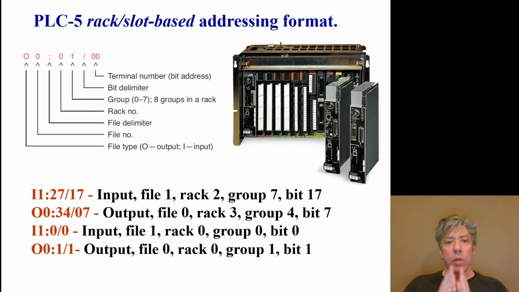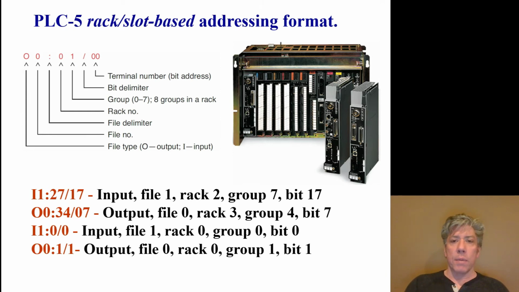But after the colon is a file delimiter, and what comes after that then is the rack number, and then the group number after that, and then finally the slash is the bit delimiter. That means what follows is the particular bit, in other words, the particular terminal point, the particular input or output point, in this case output point, that you want to address.